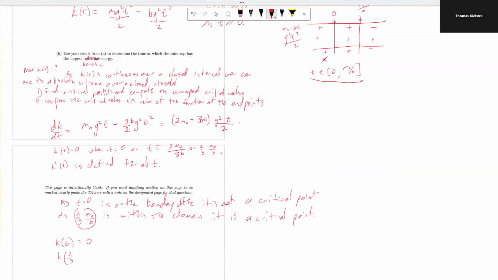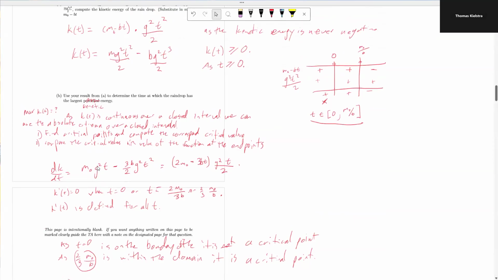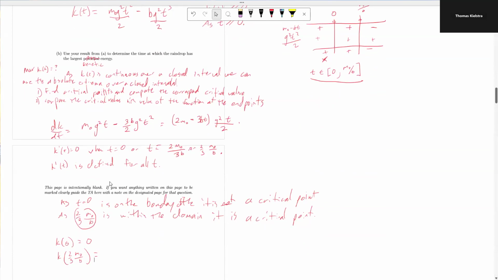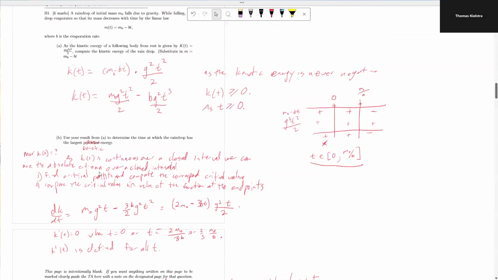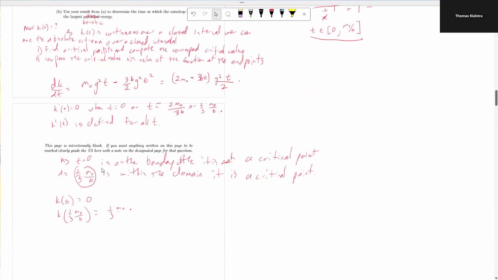K of 2/3 m naught over b equals, plugging it into my original function, 1/3 m naught times g squared (2 over 3 m naught over b) squared all over 2, which is greater than 0, and K of m naught over b equals 0.